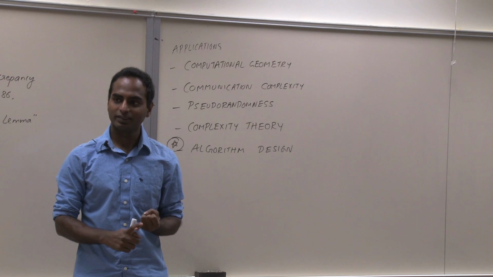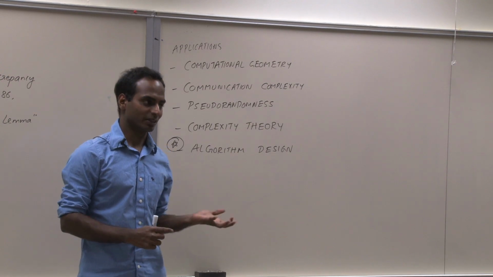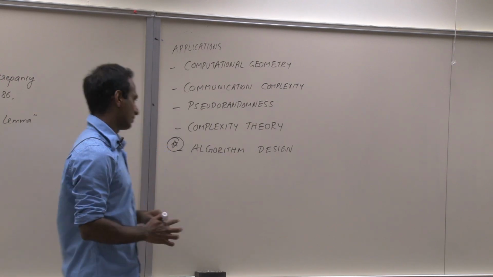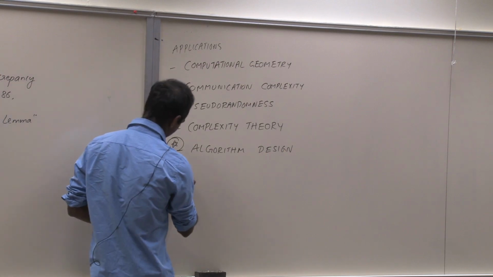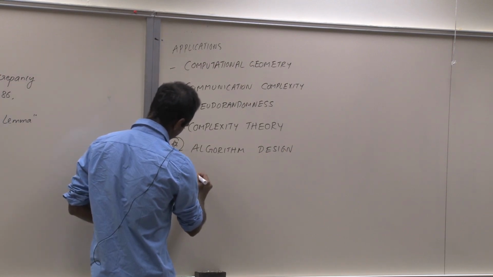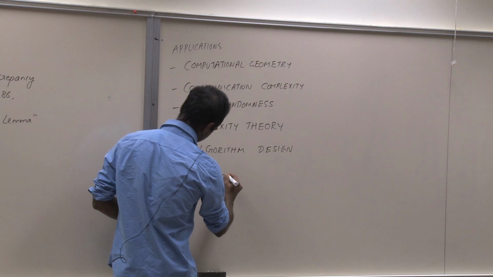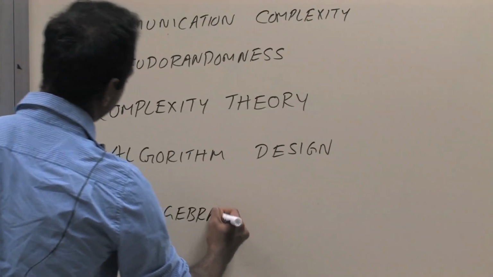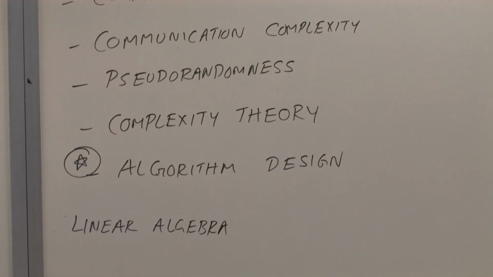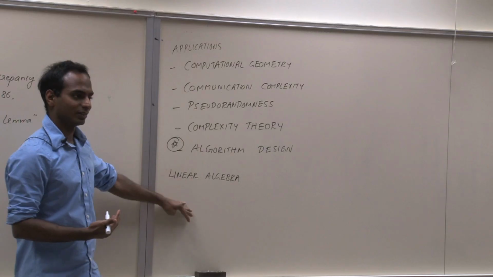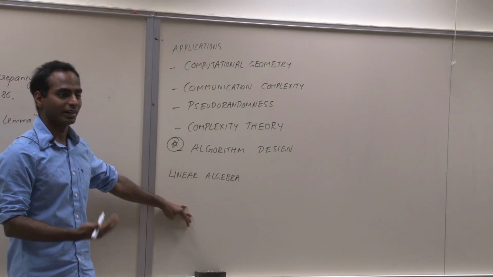One is the linear algebraic method, and the other is the probabilistic method. Both of these are fundamental techniques, and we'll see examples of them. So even if you're not really interested in discrepancy theory, you should care about these methods because they're beautiful, very simple, and extremely powerful.